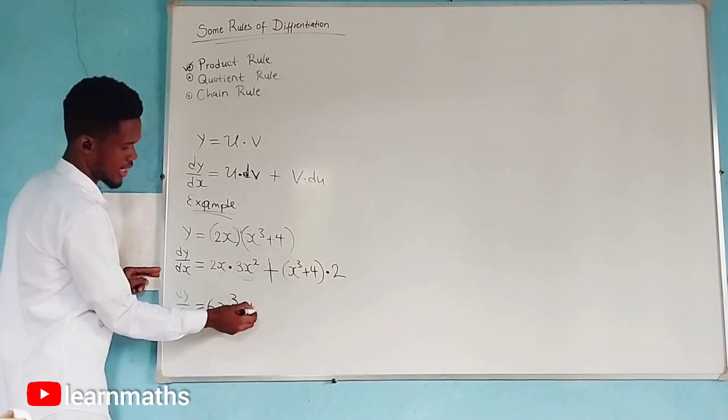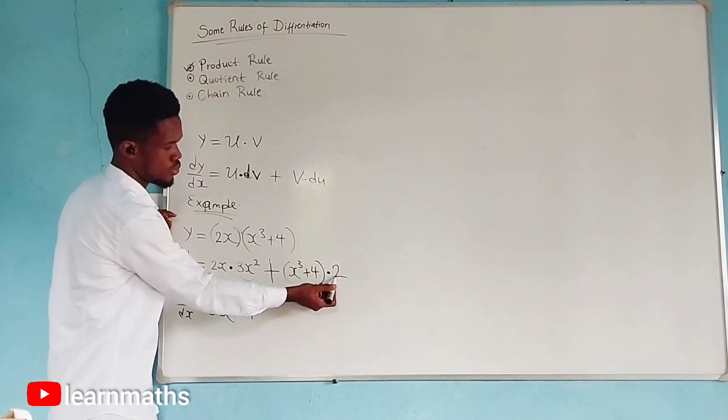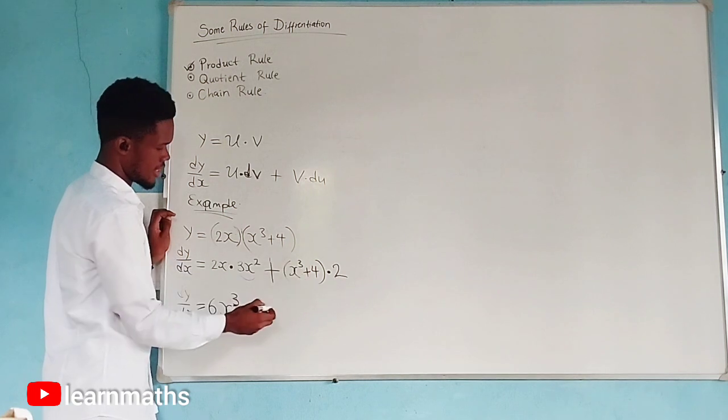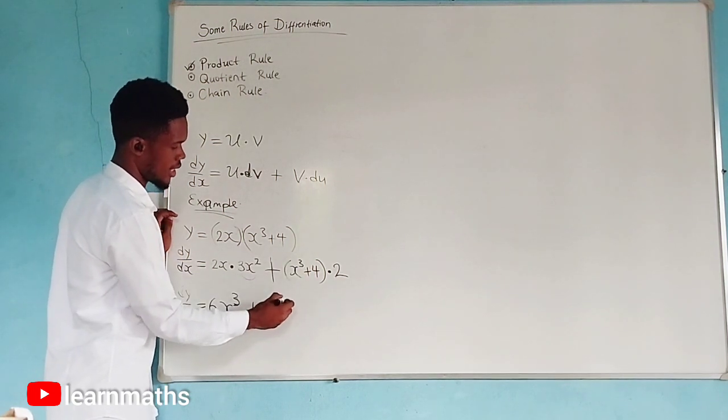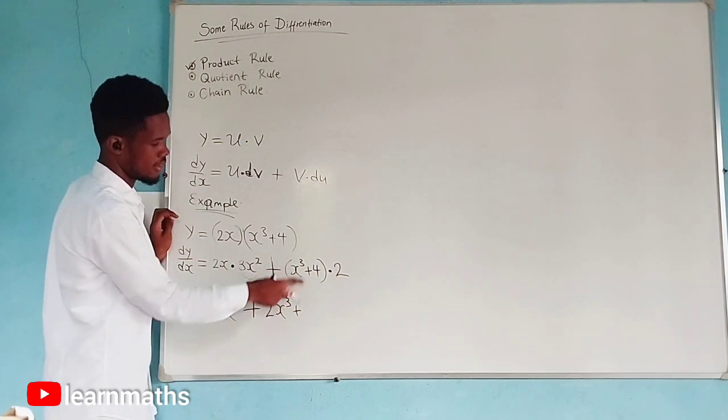Now we have this plus sign here. Now let's open this bracket as well. Let's carry this multiplication. 2 times x raised to 3 is 2x raised to 3, right?